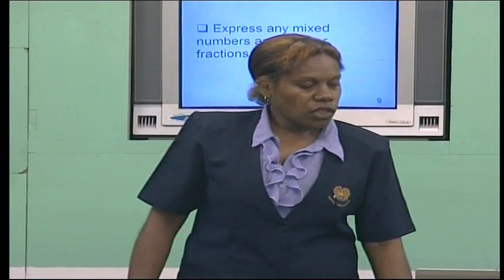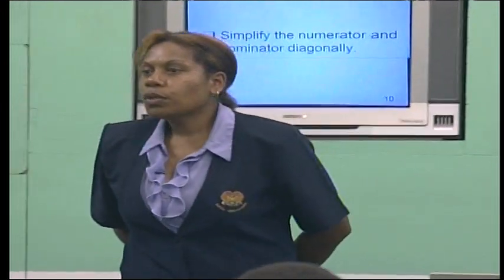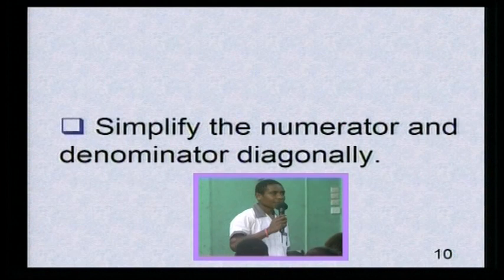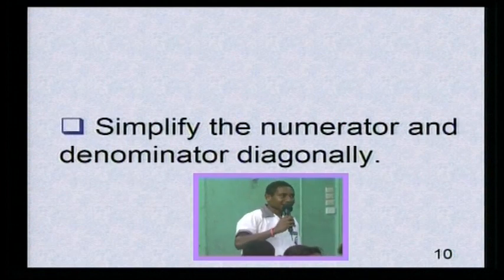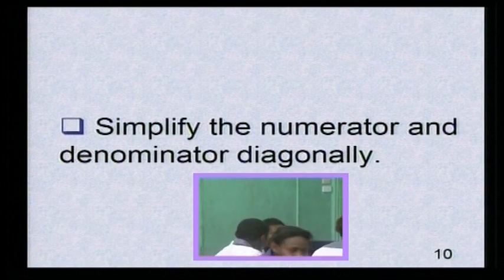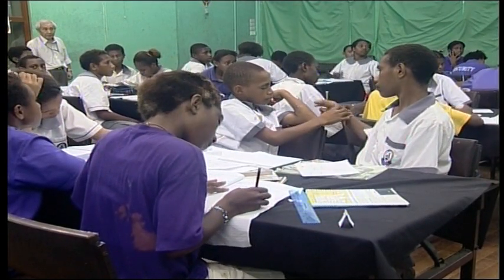After you have changed the mixed numbers into improper fractions, what do you do? Alan? Simplify the numerator and denominator. Okay, good. Now after changing the mixed numbers into improper fractions, you then simplify.